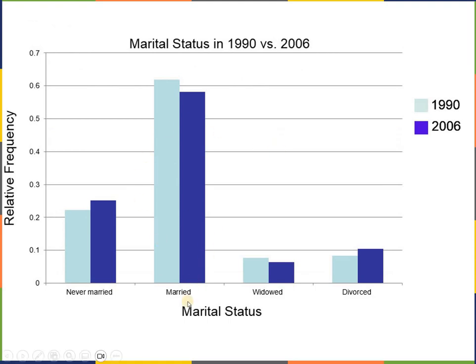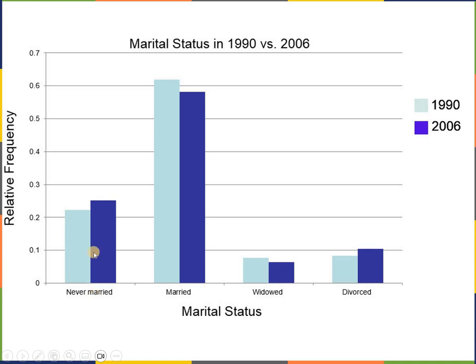And this represents this data right here. So you can see that the light blue or the teal color represents the year 1990 and the dark blue represents the year 2006. And this is a good visual of the percentage of never married people in the United States in 1990 versus 2006, the married and the widowed and the divorced.